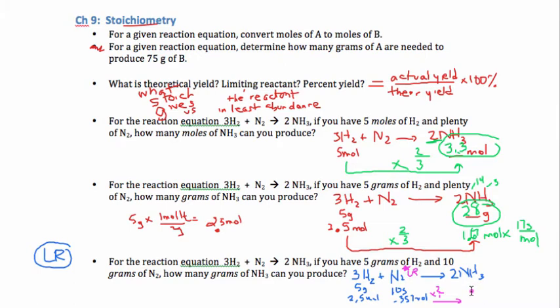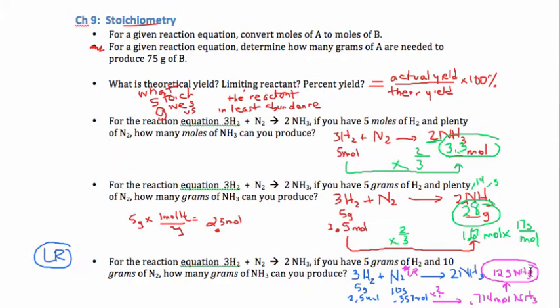So I will have 0.714 moles NH3. But you were asked for grams, so we need to multiply times 17 grams per mole, and we will get our answer of 12, and we just have 1 sig fig, 12 grams of NH3. So you'd say approximately 10 grams of NH3 would be produced. That's 12 grams NH3.